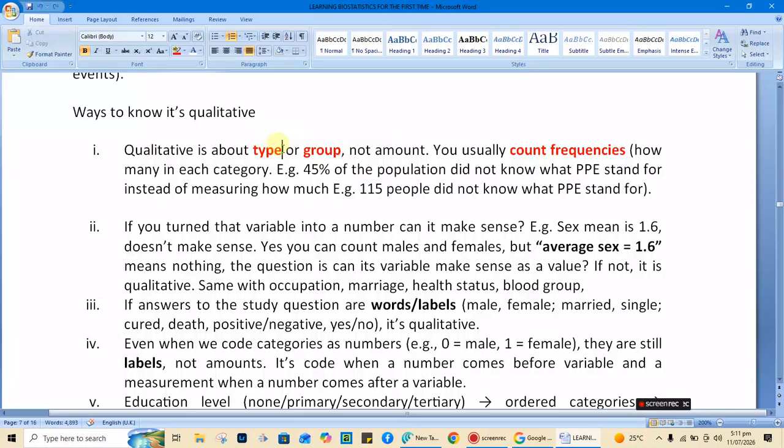So if you're dealing with types, types of diseases, for example, all of the things that have to deal with types, it's qualitative data. Groups, qualitative data. Male, female, that's qualitative data. So anything that does not have to deal with amounts, it is qualitative data.